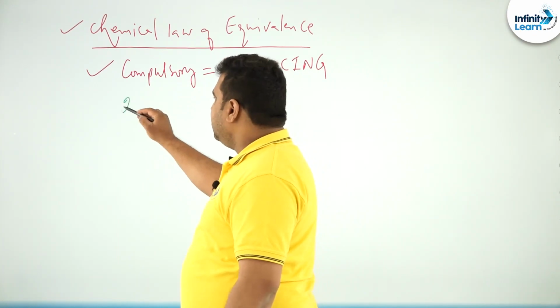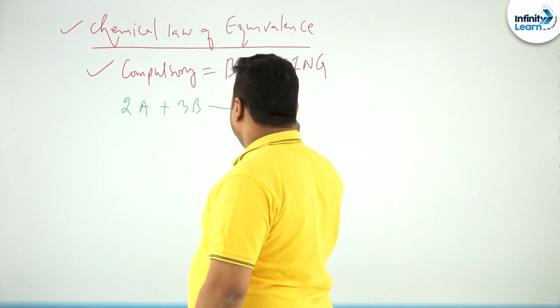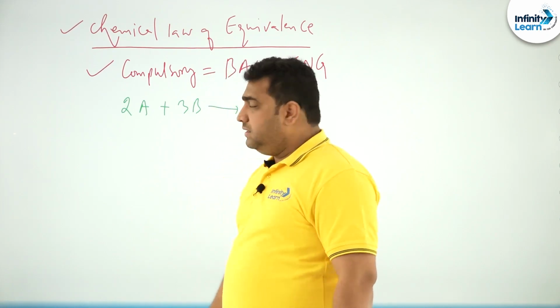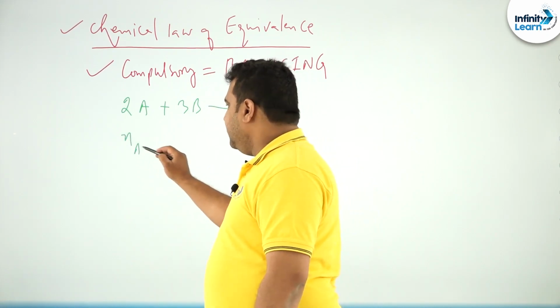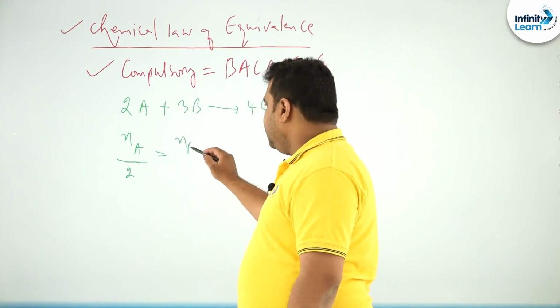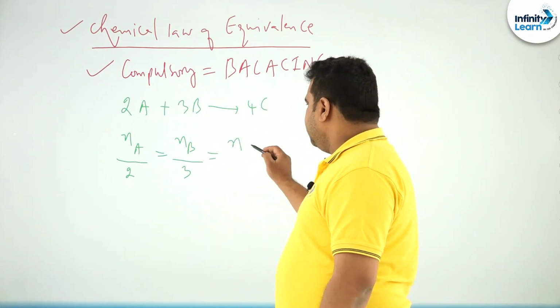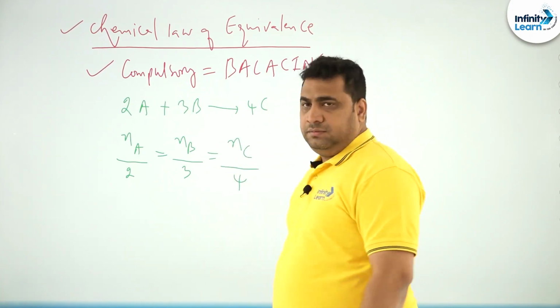Suppose there is an equation 2A plus 3B gives rise to 4C. Then what does the chemical law of equivalence say? Number of moles of A divided by its stoichiometric coefficient is equal to number of moles of B divided by its stoichiometric coefficient, which is equal to number of moles of C divided by its stoichiometric coefficient.